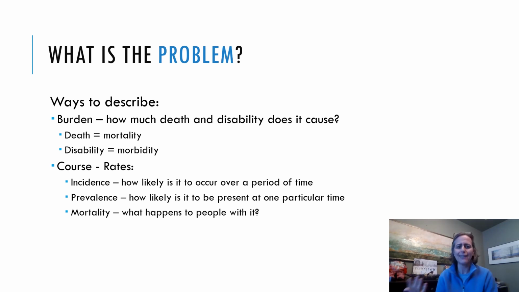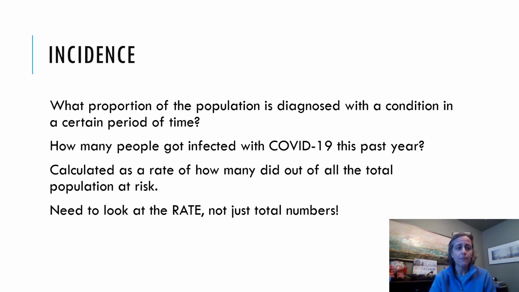And then of course, mortality is going to be important for understanding the course of a disease. So let's talk about incidence and prevalence in a little bit more detail. So incidence, again, what proportion of the population is diagnosed over a certain period of time? So an example would be how many people got infected with COVID this past year.